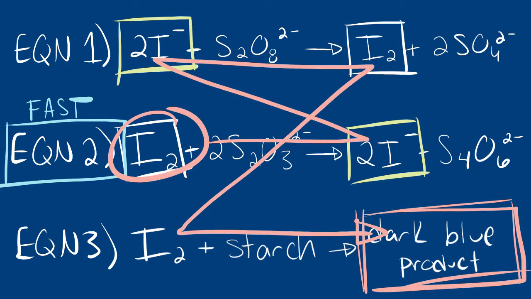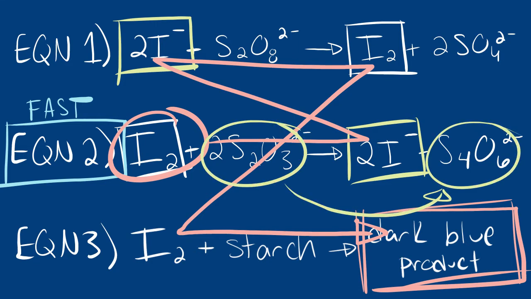In other words, if we are following this reaction symbolically from beginning to end, we can almost rearrange the chemicals that are going to be eaten up quickly. So we have I2, which is going to be generating I- very quickly in the second equation, this fast equation, which is going to feed back into equation 1, regenerating I2, which the second equation can competitively use up, but only until all of its secondary reactant is gone.